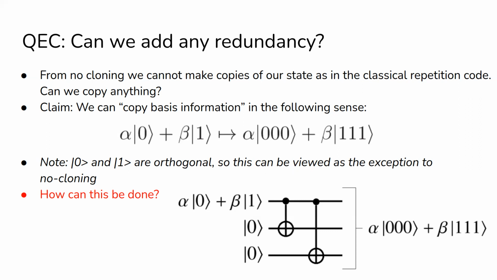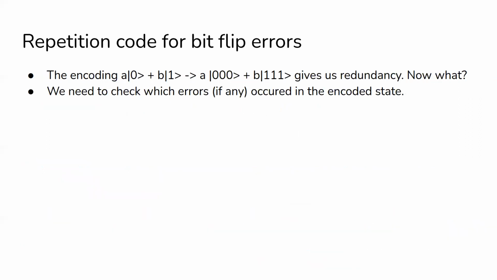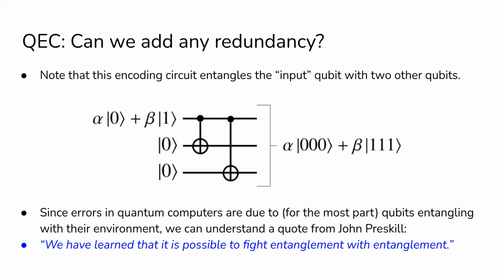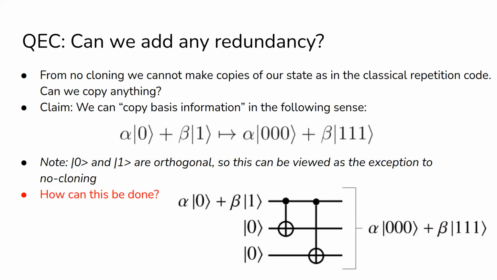The idea is, we have 3 qubits, and we're going to pick 2 basis states as the good ones, and everything else. So these are the code words, and everything else will be in error states.